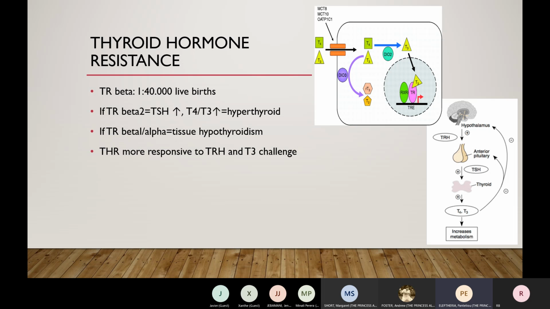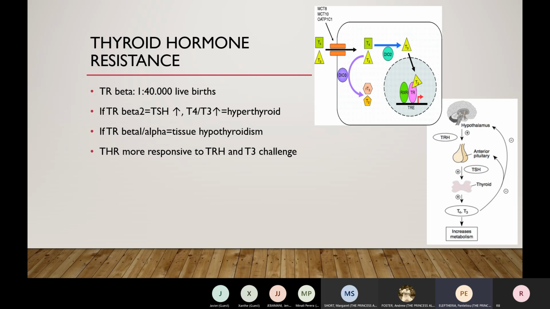Depending on the severity of that mutation, it renders the pituitary quite insensitive to the peripheral feedback from T3 and T4, meaning that although you have perfectly normal T3 and T4 in the periphery, that's not perceived as such by the pituitary, and as a result it produces more TSH and more T3, T4, creating a thyrotoxic state.